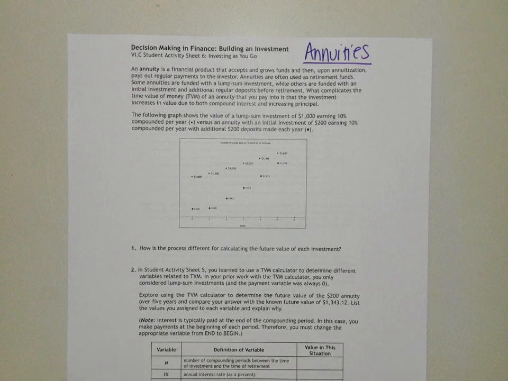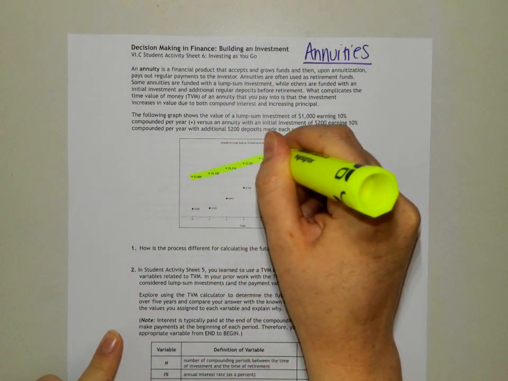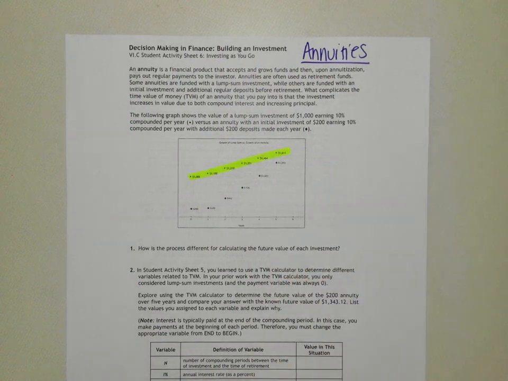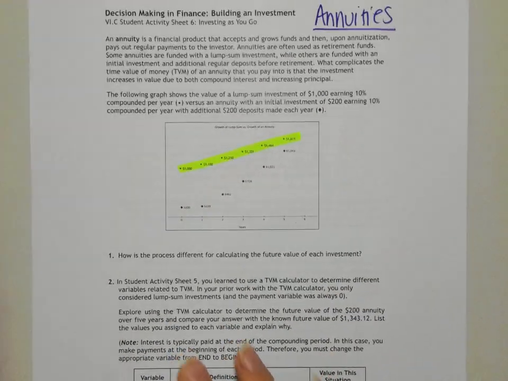All right, so the beginning is just giving you a visual of the difference between a lump sum investment, which is basically what the TVM calculator notes were, and an annuity investment. What I'm highlighting in yellow here is the lump sum, which means it is a one-time deposit into an account, and then you are not touching that account the entire time it's in there.